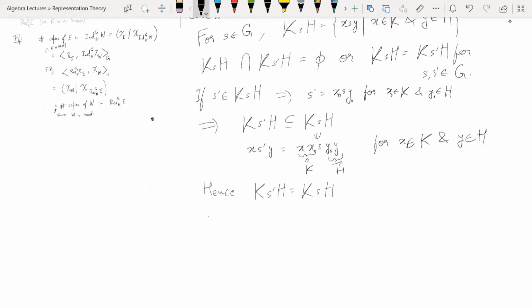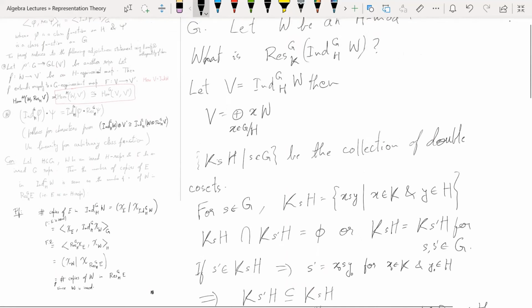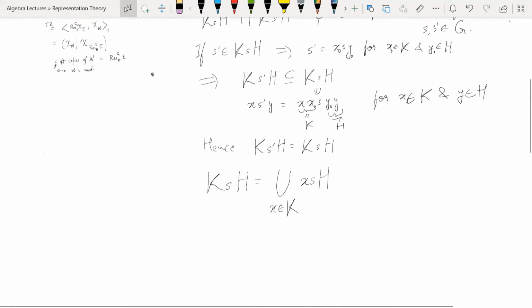And in fact, what is KsH? If I want to write it in terms of left cosets, this is the union of xsH where x belongs to K. So it's a union of a certain number of left cosets, those of the type xsH.